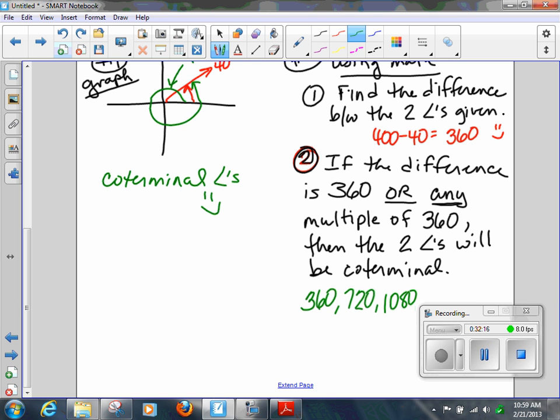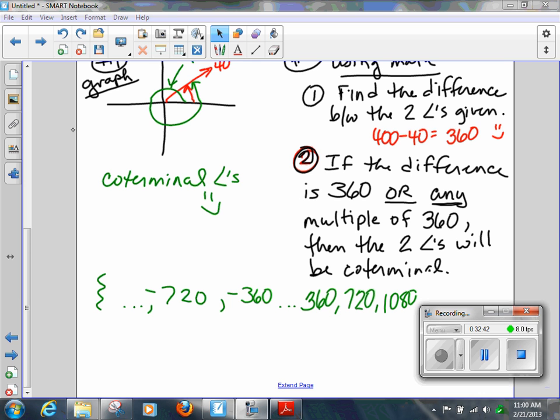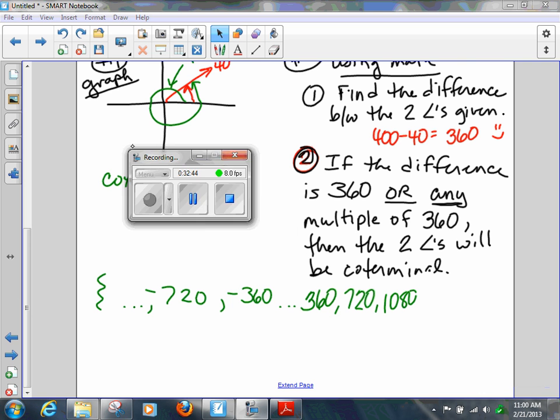Isn't negative 360 a multiple of 360? Isn't negative 720 a multiple of 360? Yeah? What number am I not talking about? Well, put dot, dot, dot over here.